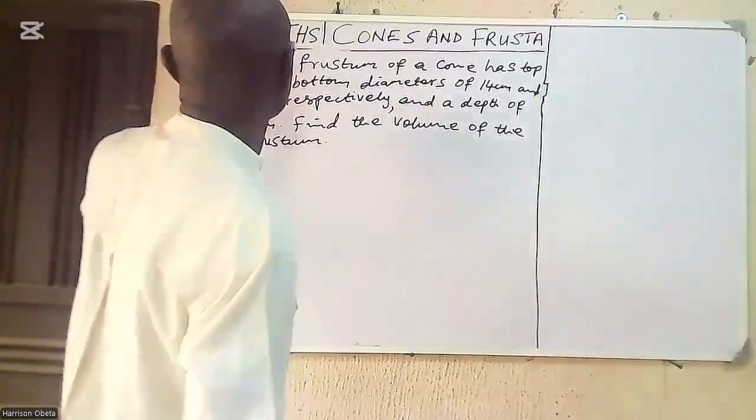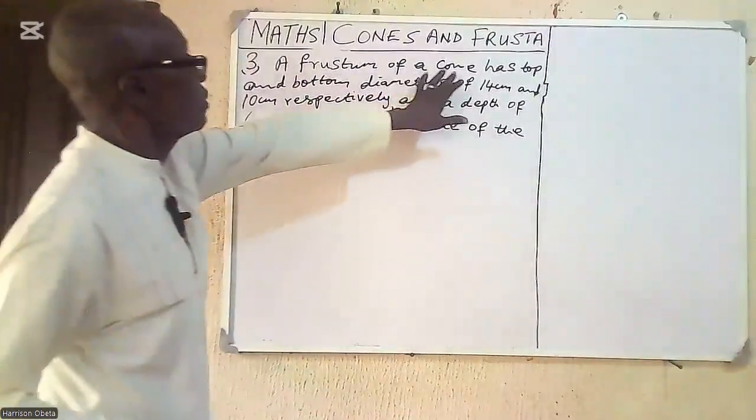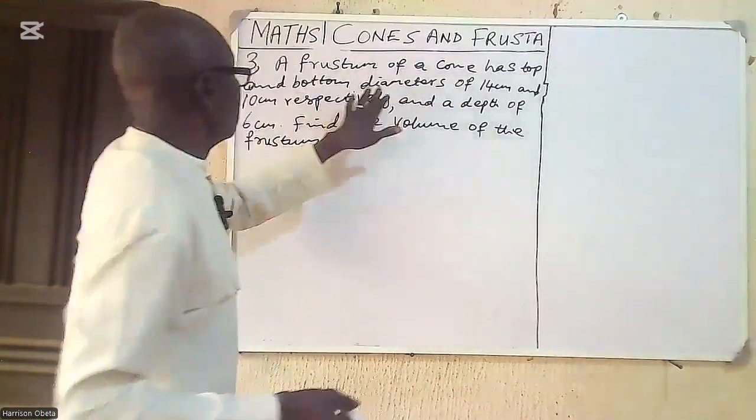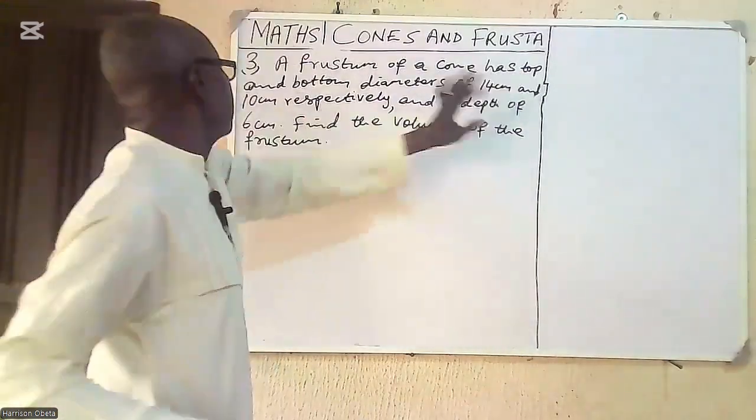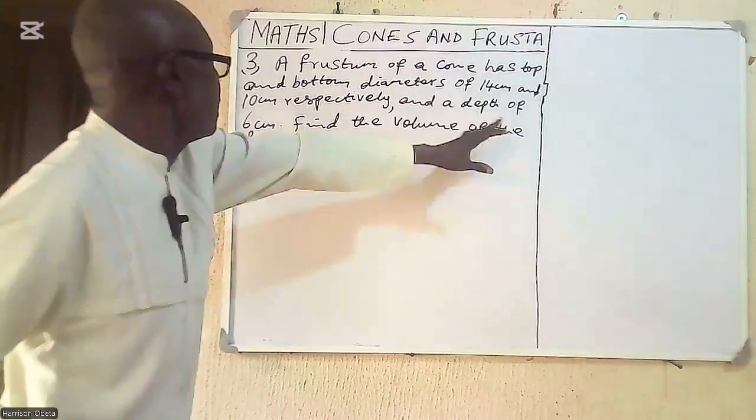Number 3, we have this: a frosting of a cone has top and bottom diameters of 14 cm and 10 cm respectively, and the depth of 6 cm.